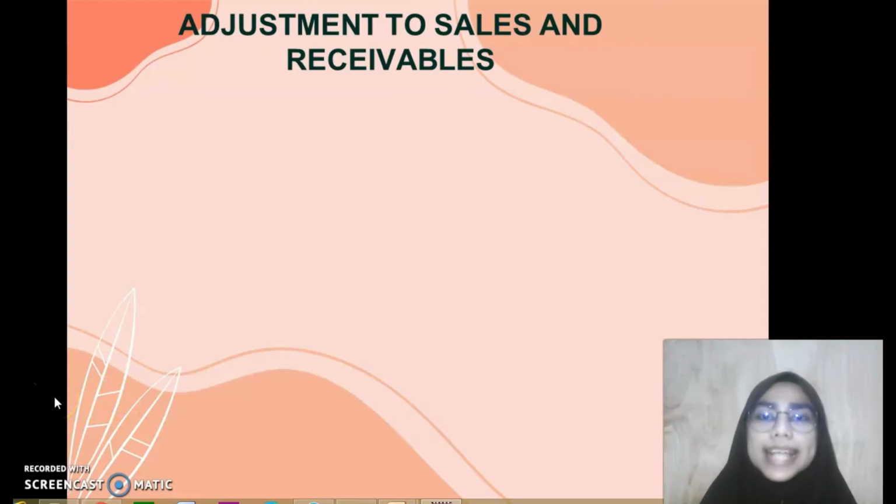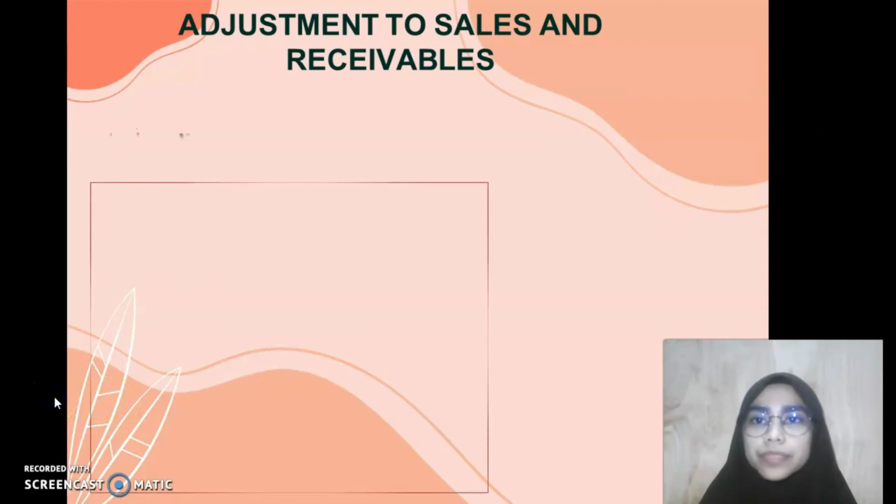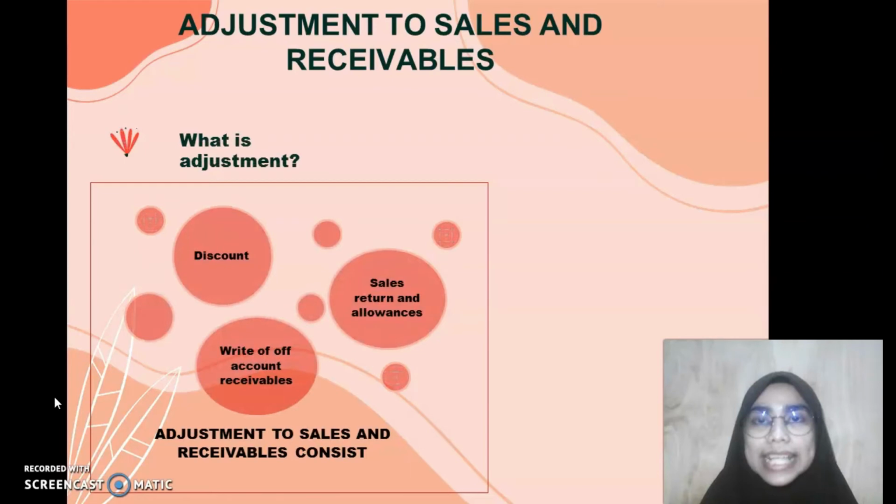Adjustment to sales and receivables. What is an adjustment? A transaction which affects two or more accounting periods and requires an adjustment. Adjustments to sales and receivables consist of discounts, sales returns and allowances, and write-off of accounts receivable. Adjustments made to sales and receivables should be supported by a document.